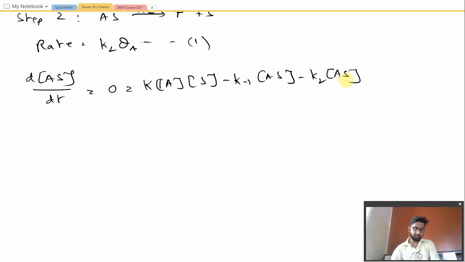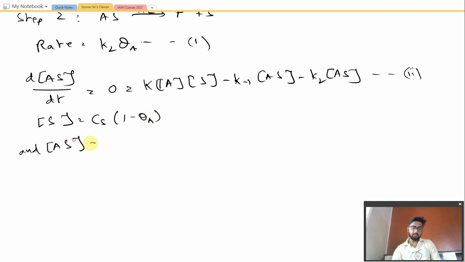This we call equation 2. If we consider the concentration of S and theta A, the concentration of S would be equal to CS into 1 minus theta A, and the concentration of AS would be equal to CS into theta A. These are the assumptions that we make while calculating surface catalyzed kinetics, so you have to just assume that.